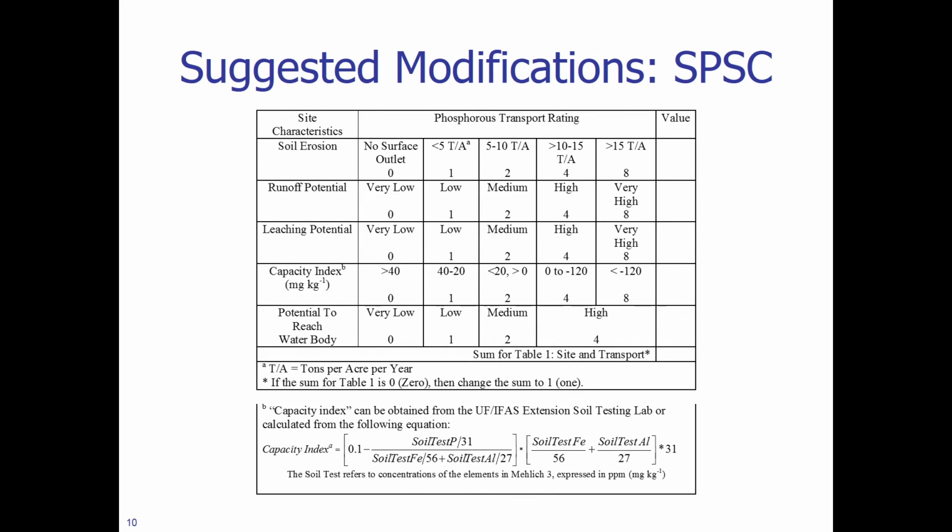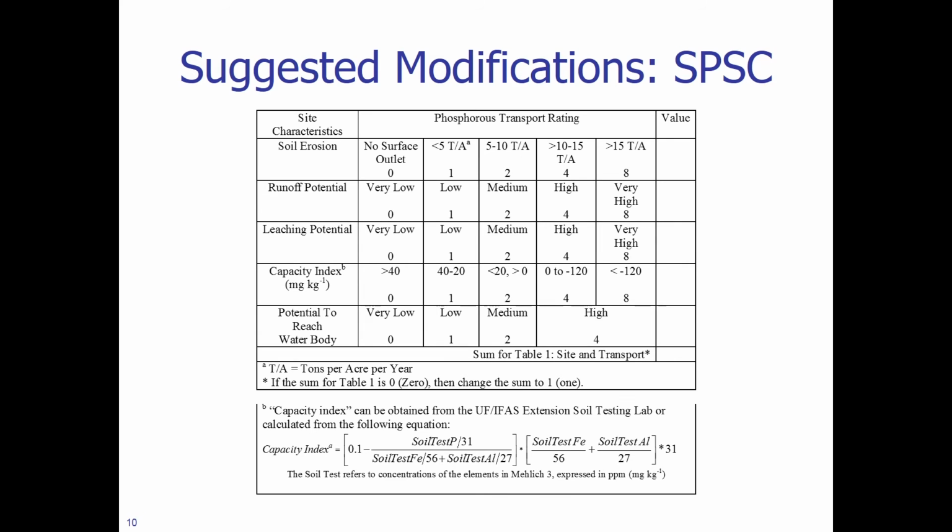The capacity index itself, as it is explained at the bottom of the page, is simply the difference between 0.1 and the PSR of the soil multiplied by iron and aluminum, and the whole thing multiplied by 31 so that we can express in terms of milligrams P per kilogram of soil.